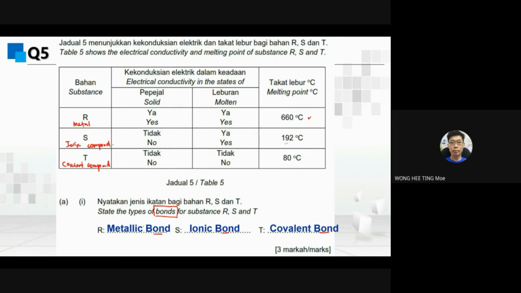If you want to be safe, you just write metallic, ionic, and then covalent. No need to write bond, no need to write compound. You don't care whether it is asking for the compound or the bond. But always check first whether you need to write bond or compound.